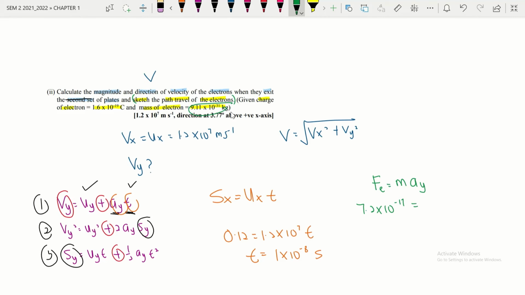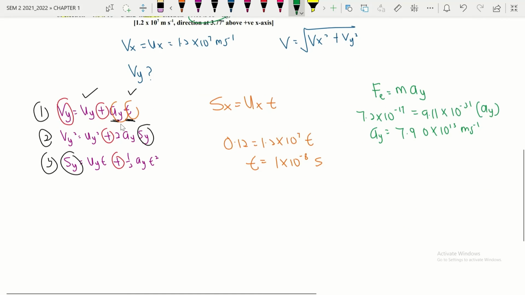So mass of electron is already given in the question. The constant 9.11 times 10 to power of negative 31. Dan acceleration in Y component apa yang kita nak cari. Jadi awak akan dapat you punya Ay ataupun acceleration in Y component adalah 7.9 times 10 to power of 13 meter per second squared. Mantap, sekarang Miss dah ada Vy, Uy, Ay dan time.